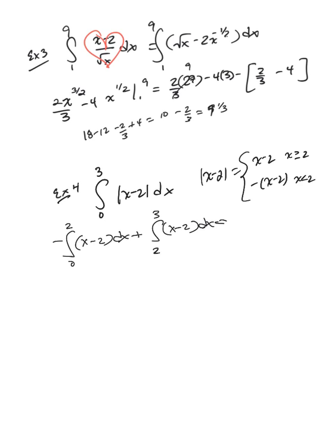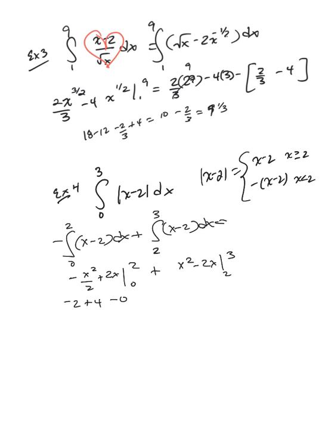Okay, so from there you just integrate: x squared over 2 minus 2x. But I have that negative in front, kids, so I change that into that. Plus x squared over 2 minus 2x from 2 to 3. I'm going to sub in my bounds of integration. 2 squared over 2, negative is negative 2 plus 4.